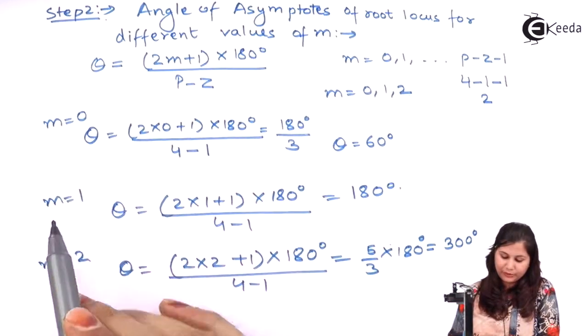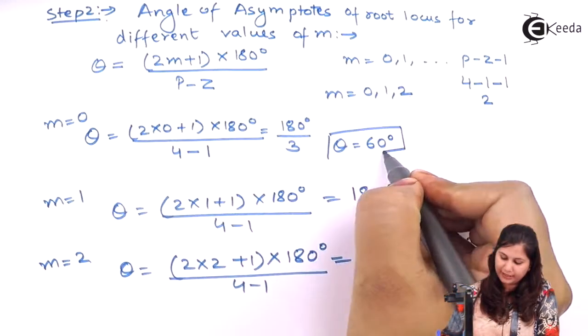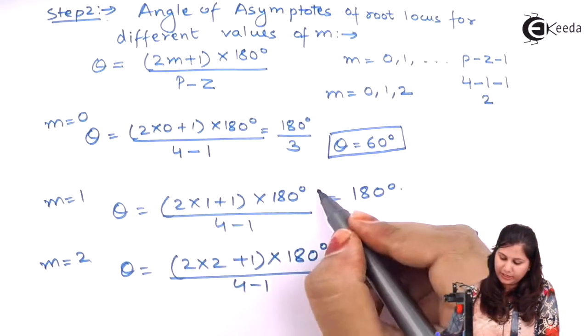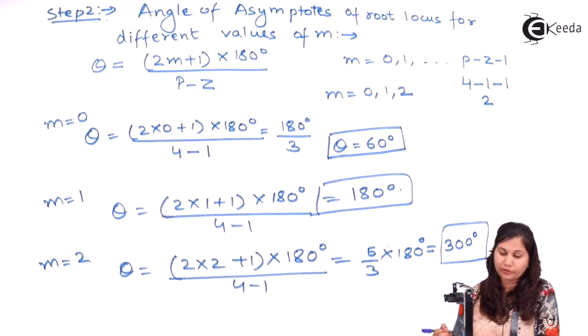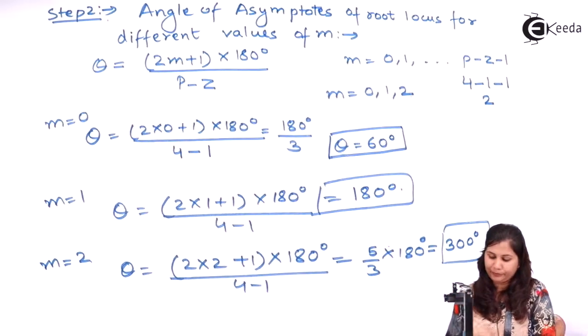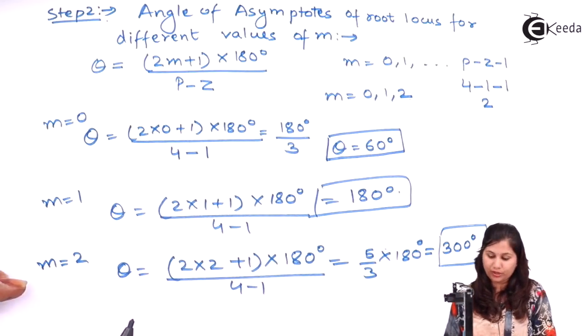So for different values of m, we have obtained the angle of the asymptotes as theta equals to 60 degrees, theta equals to 180 degrees, and then theta equals to 300 degrees. Okay, these are the angles of the 3 asymptotes. Because how many asymptotes are we having?